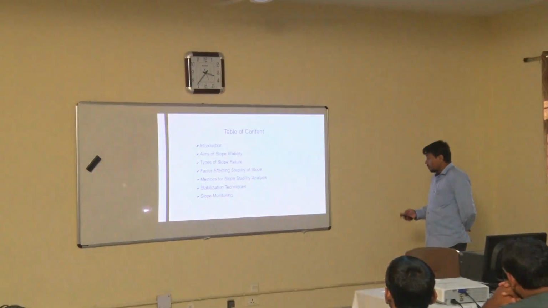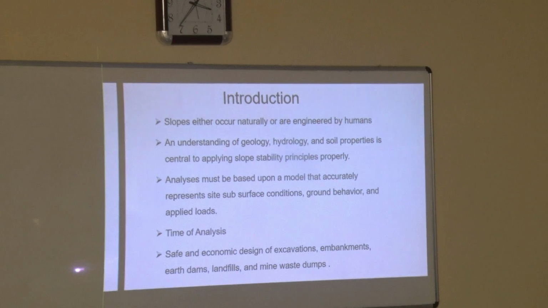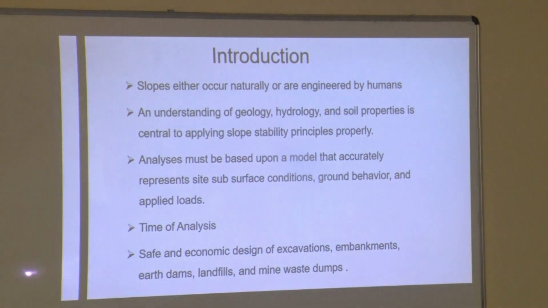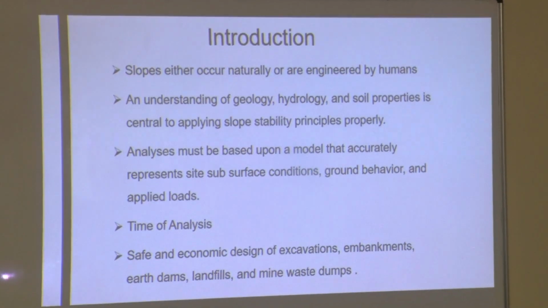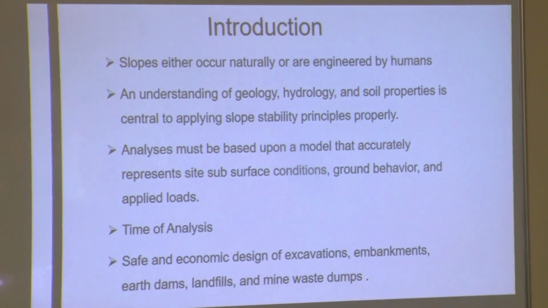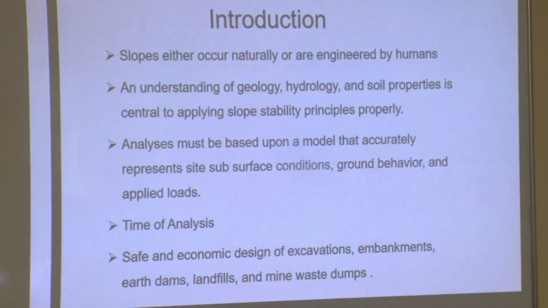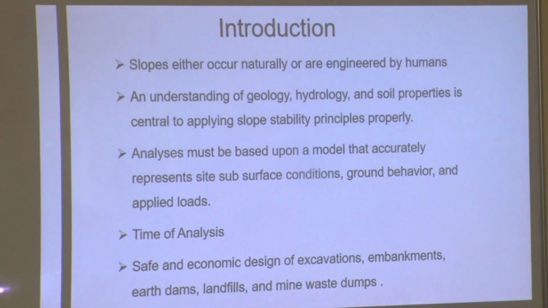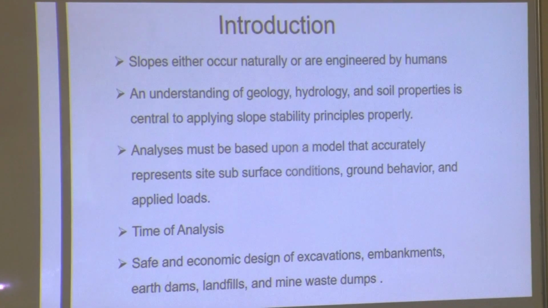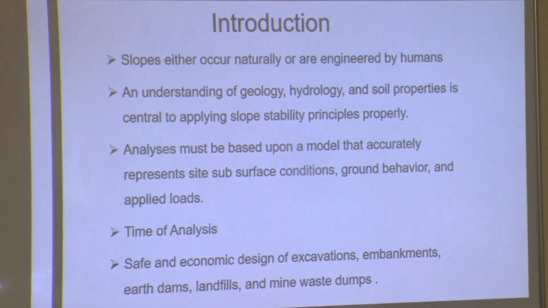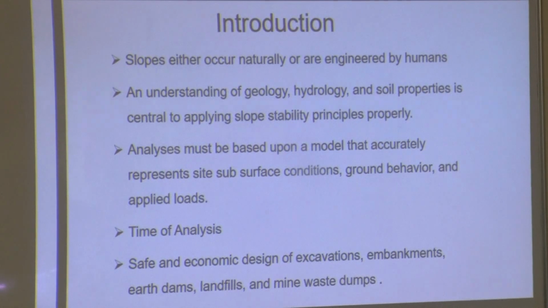We will introduce you to the topic. Basically, this slope is engineered. We will generally concentrate on the engineered slope only, because natural slope is more or less naturally stable, except when you intervene. In the Himalayan region, generally rock does not fail, except when we interact with the rock, building roads, different kinds of cut slope.